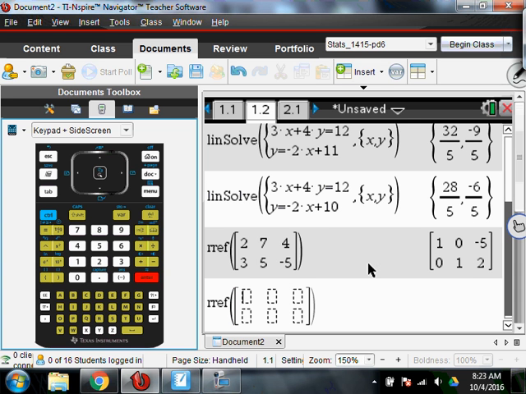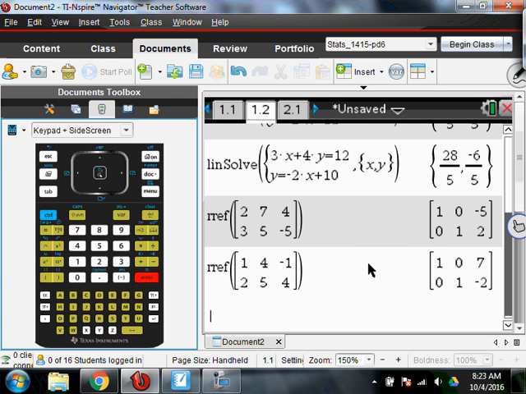What are they? 1, 4, -1, was it? Okay, and then 2, 5, and 4. And we go to the end of that command line and we press enter. So what's our solution? 7, -2. Could we do this with the three variable system and find out what A, B, and C are?